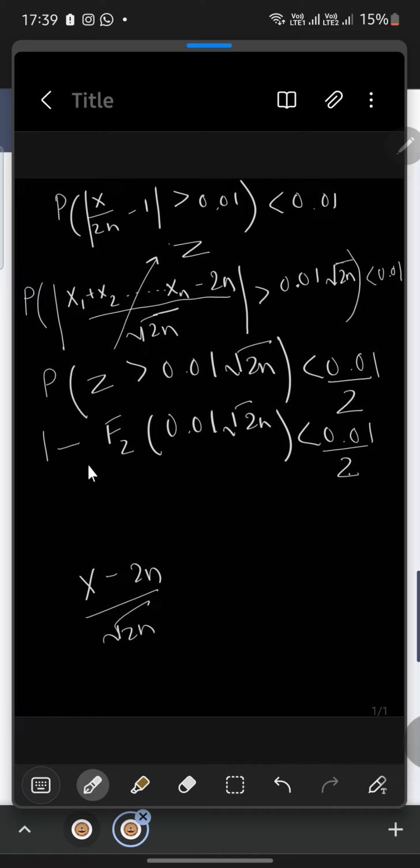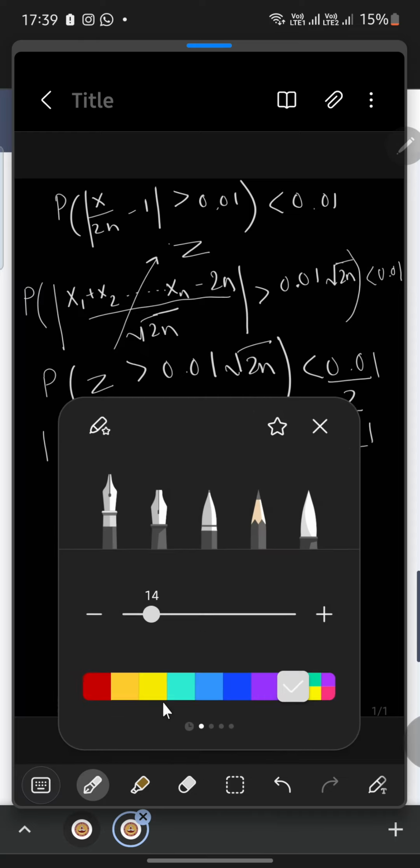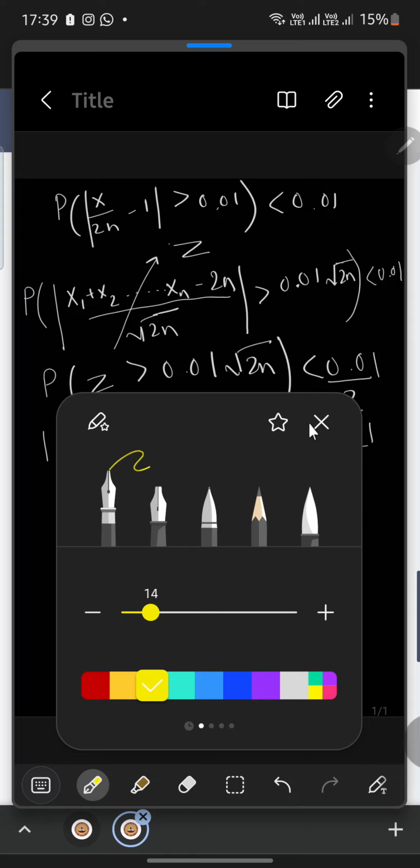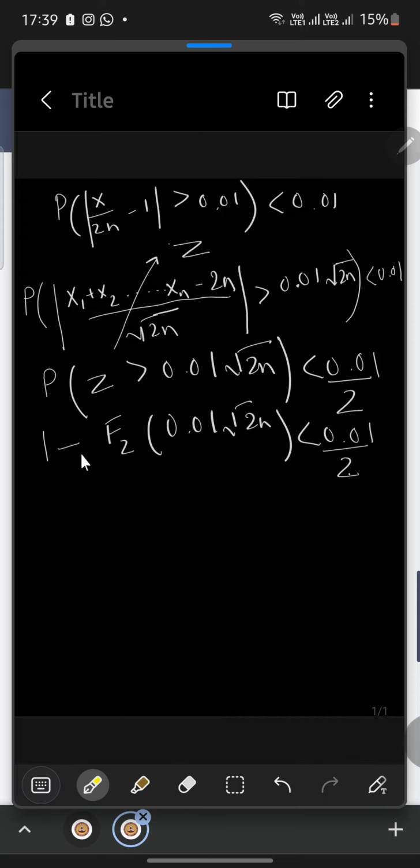Now here what we are doing is, I'll remove it and substitute it here.